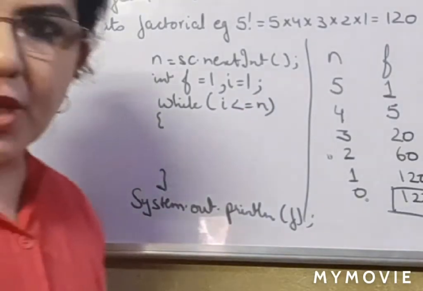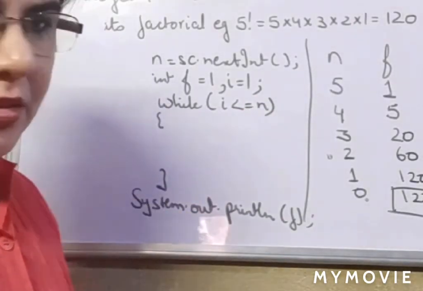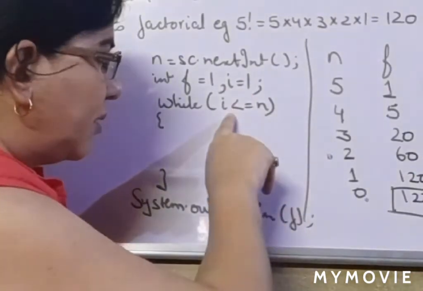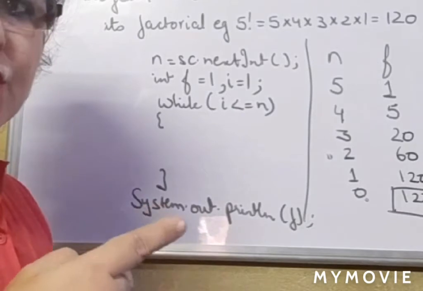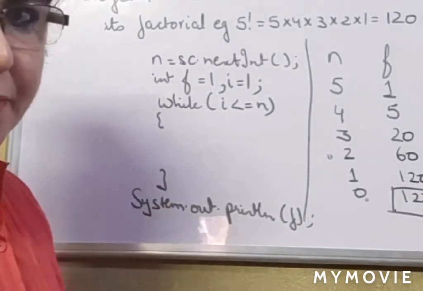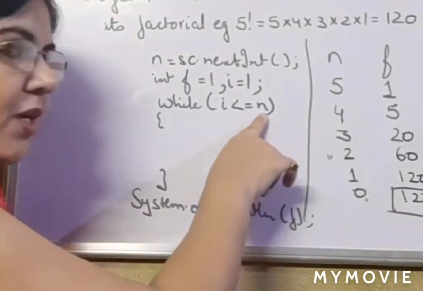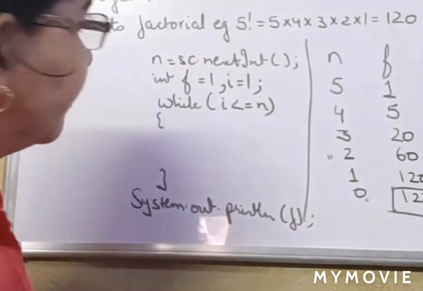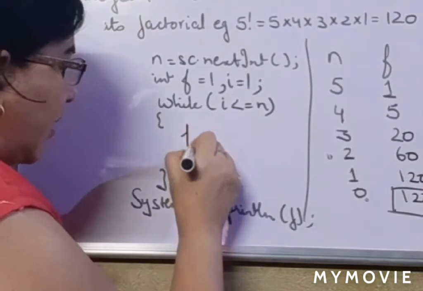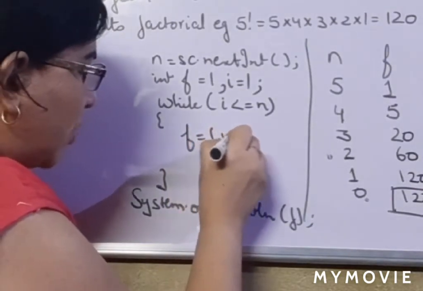That means we are going to work in reverse order. i is 1. We will do what? 1 into 2 into 3 into 4 into 5 to give you 120. So we will not destroy n here. We will keep on incrementing the value of i here. We write here f is equal to f into i.